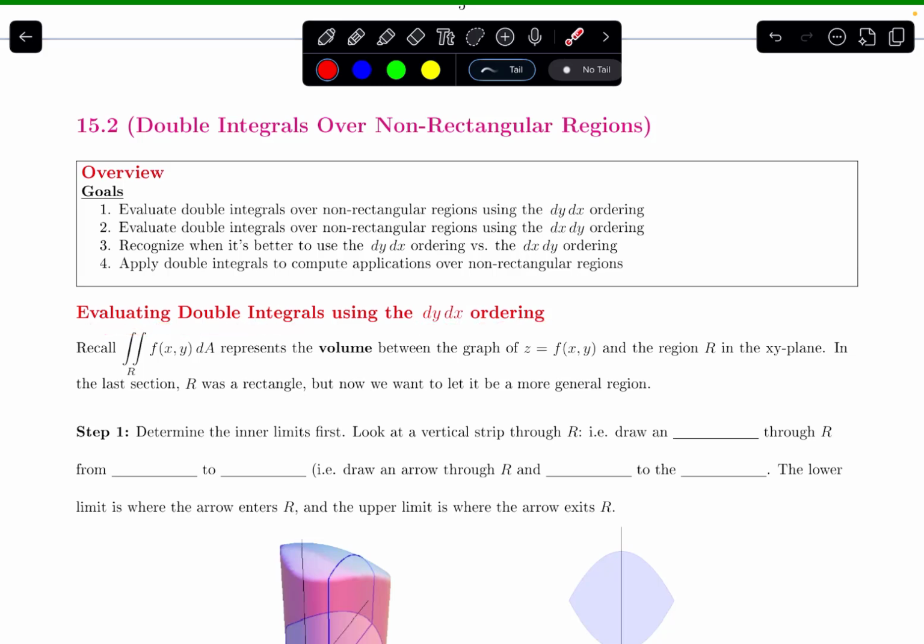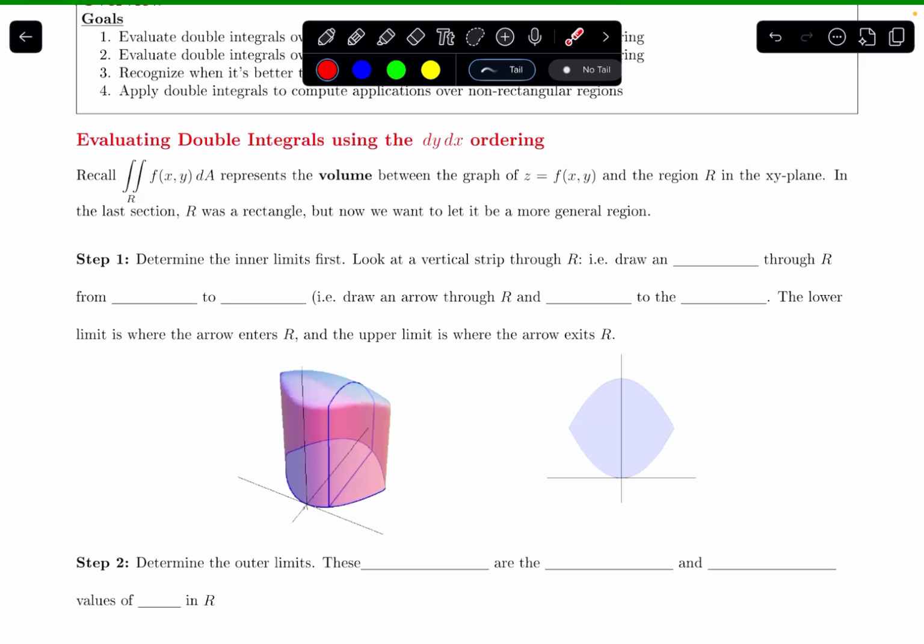All right, so let's recall that when I have a double integral of a function f of x comma y over some region R, that represents the volume between the graph of our function, which visually might be like this surface here that I have in 3D space, between that graph and the region R in the xy plane. So the region R is kind of the base region in the xy plane that our surface is above.